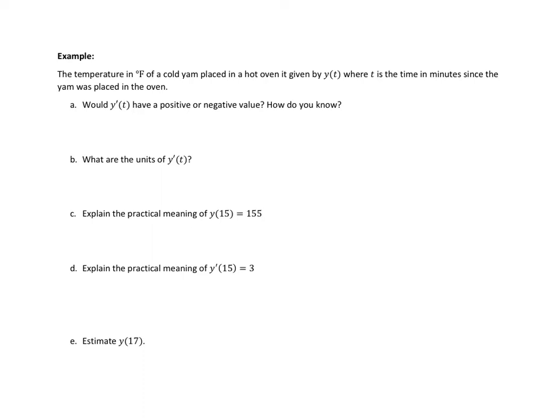So y prime of t is the first derivative of y of t. I would say that has to be positive. And I know this because the temperature of the yam is increasing. When our function is increasing, the derivative must be positive.